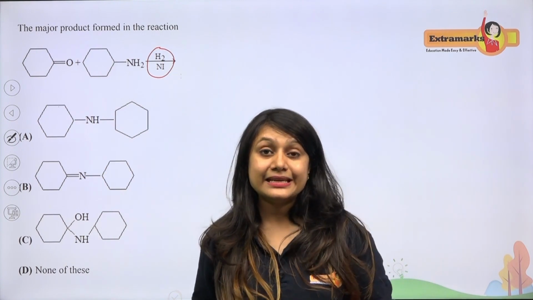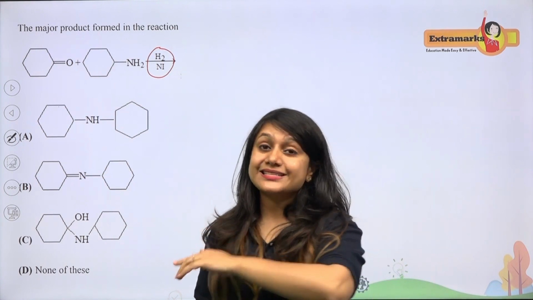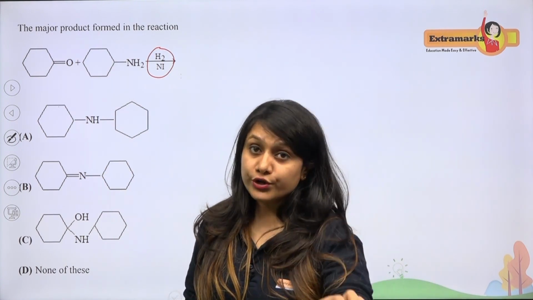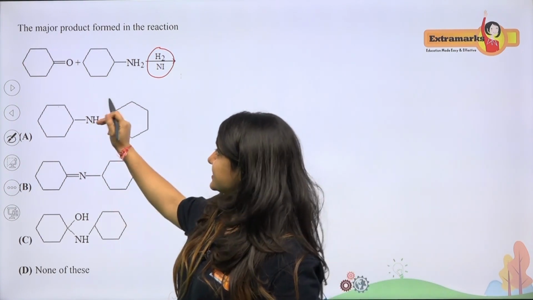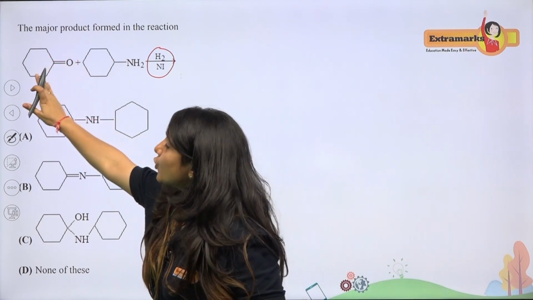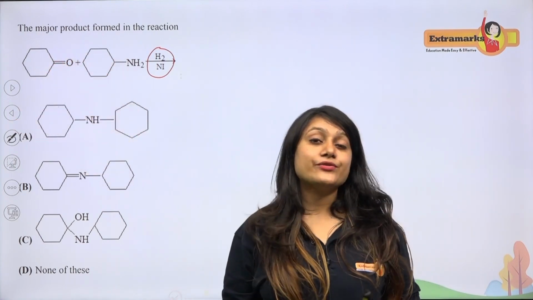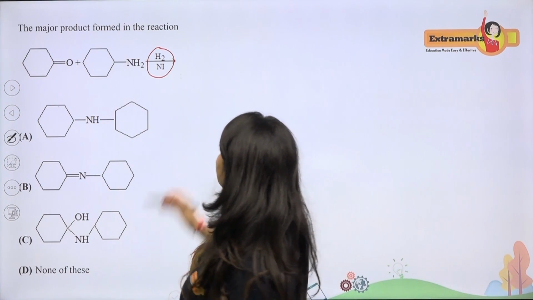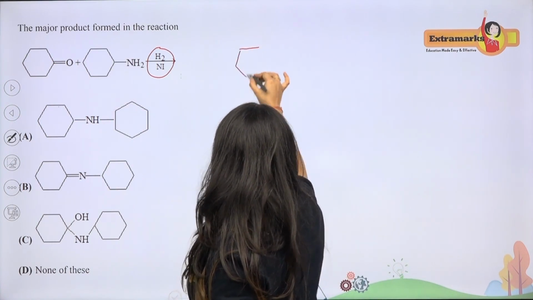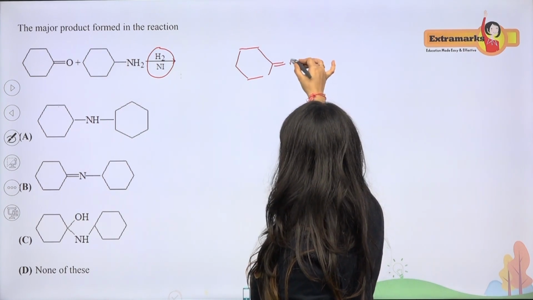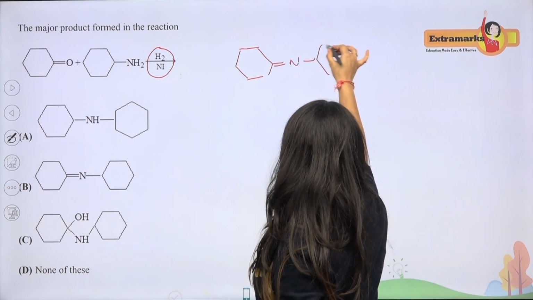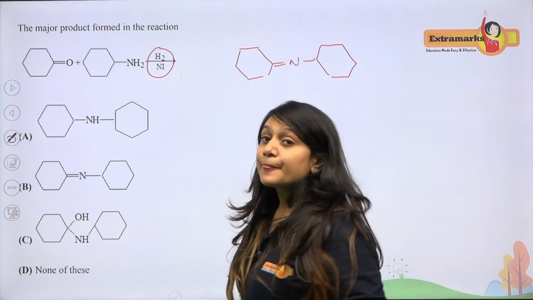H2/Ni is basically a reducing agent, used to reduce double bonds and triple bonds, right? Okay, so let's understand what happens when both ketone and 1 degree amine react with each other. First of all, the product will be this one. When both of them react, water is removed and this product is formed, right?